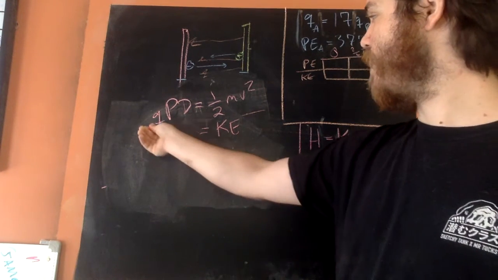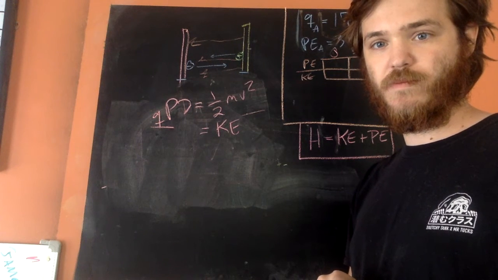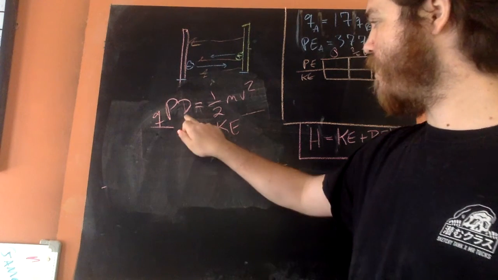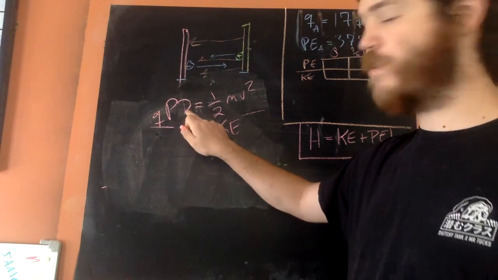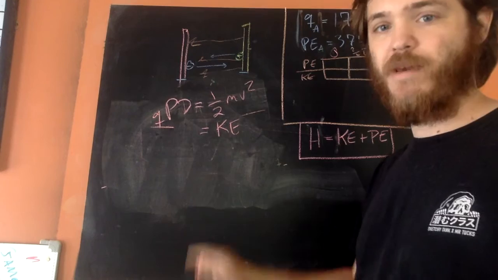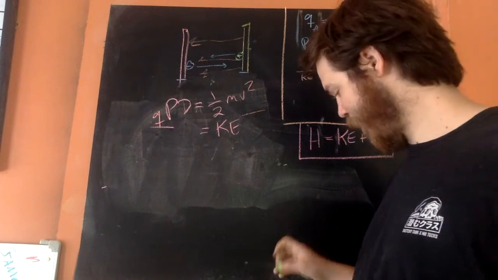So we've already calculated this. So that means that for a distance traveled, we can subtract off some portion of D and make that the KE.